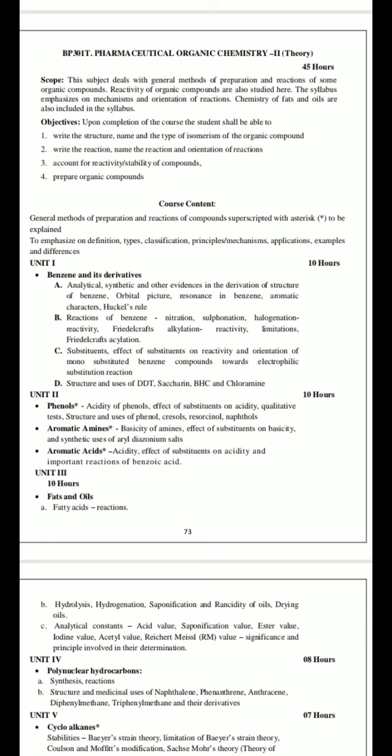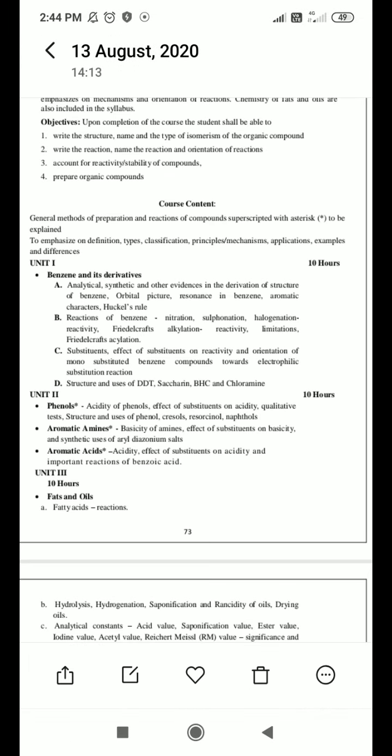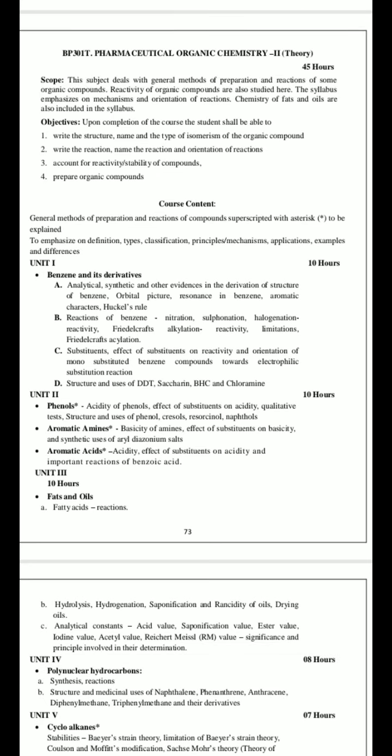Then what are the objectives of our syllabus? We already know that after completing the whole syllabus we will get to know the different structures, names, isomerism of the organic compounds. Also we come to know different reactions, names of reactions.